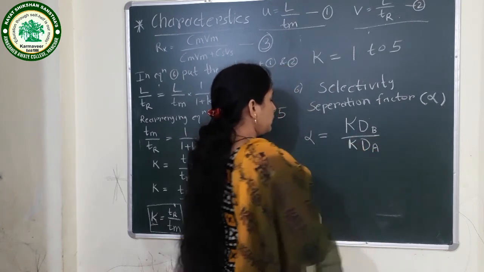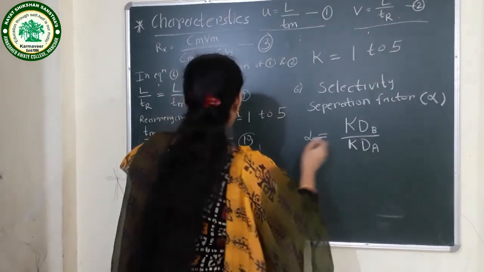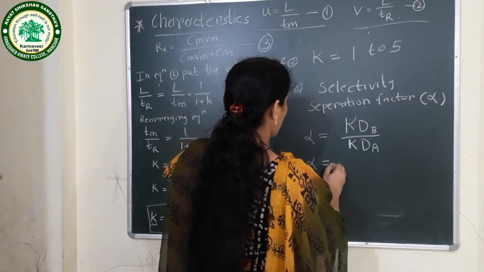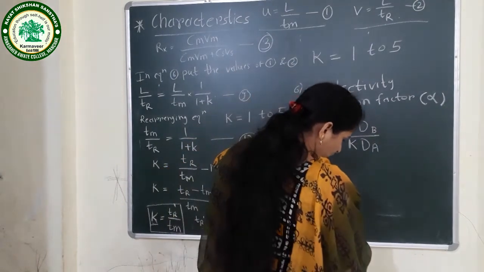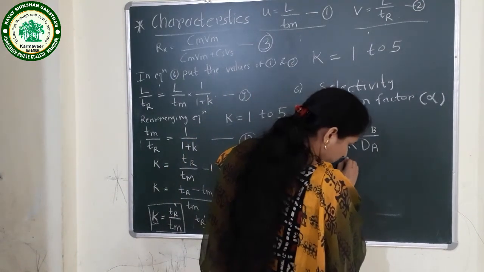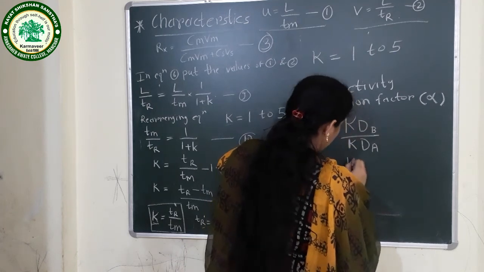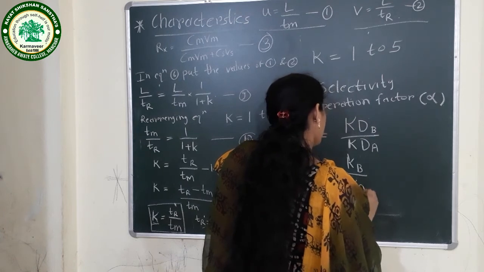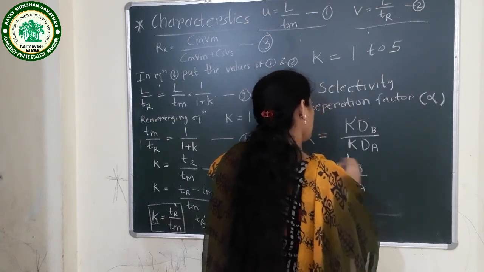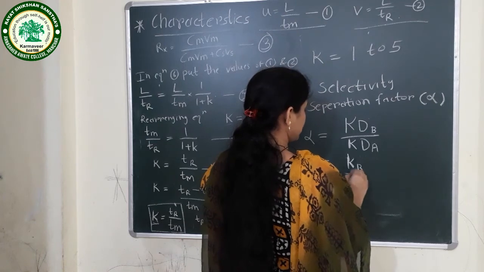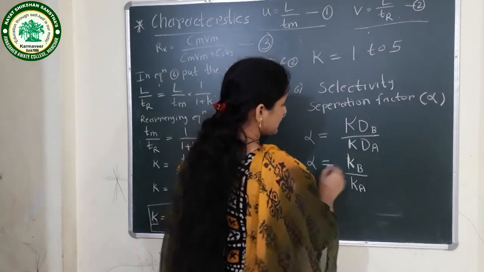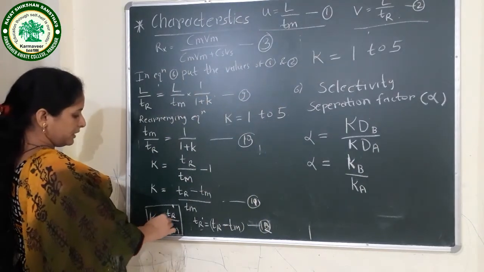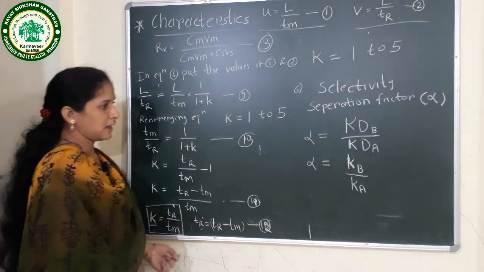Now using this equation for the distribution coefficient, we can obtain that it is kB upon kA, which is related to the retention factor. This separation factor is related to the retention factor as kB upon kA. What is this k? k gives the corrected retention time.